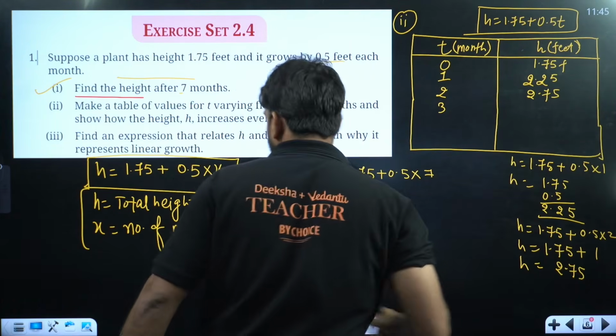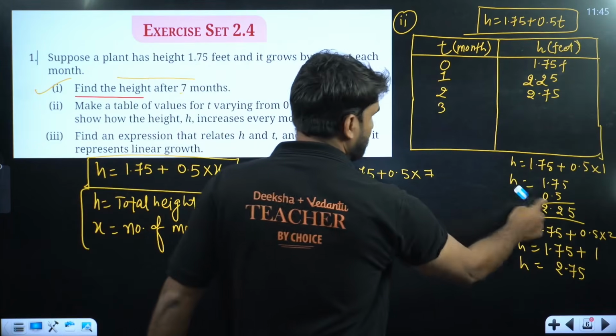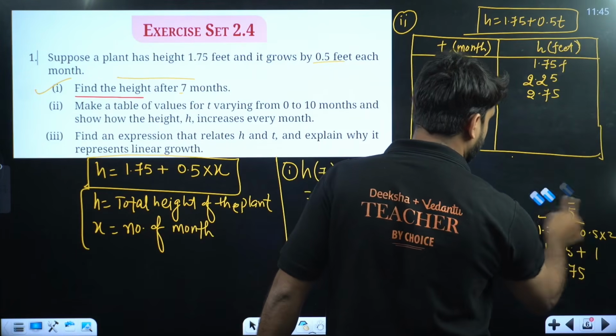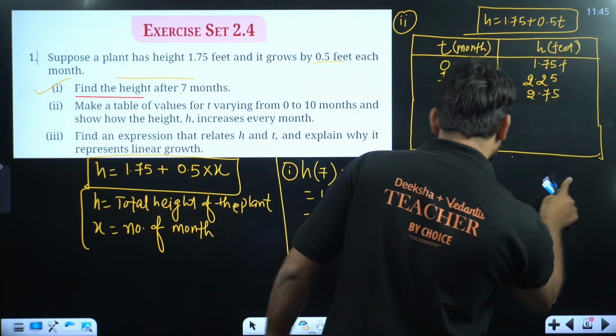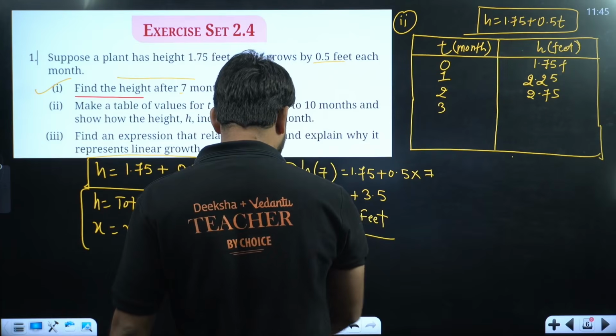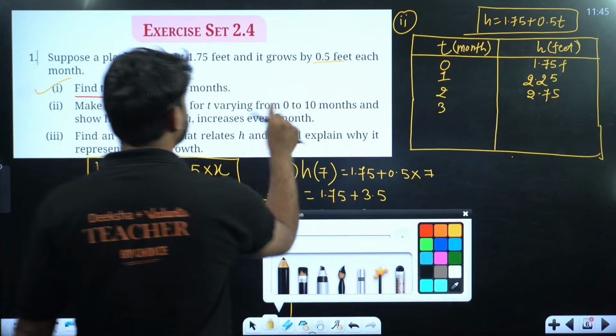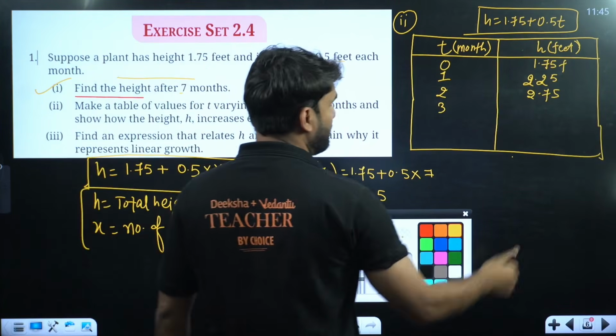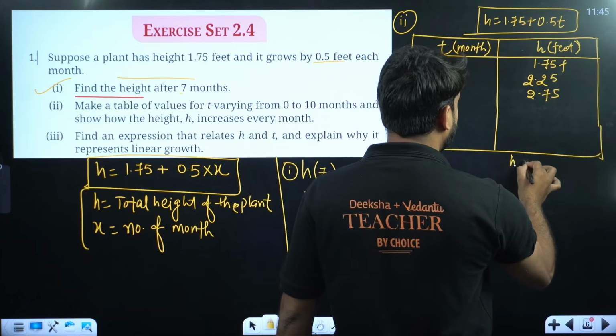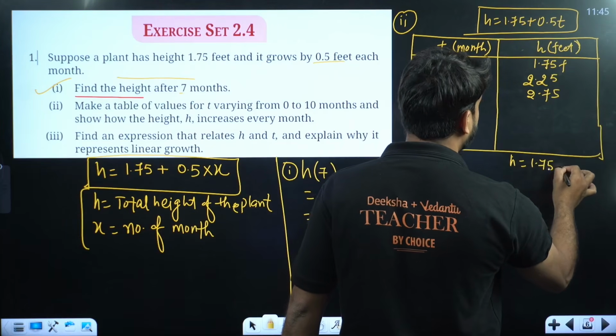Let me do it here. I hope this is clear to you all. And similarly, we will be moving on. We have to write for 0 to 10 months, so don't worry. Now for the third month, h will be equal to 1.75 plus 5 3s are 15, which is 1.5.